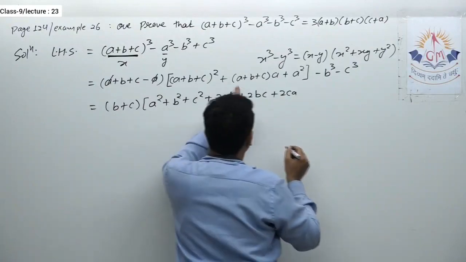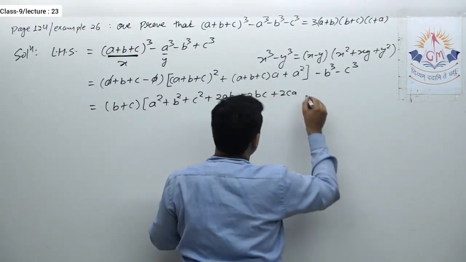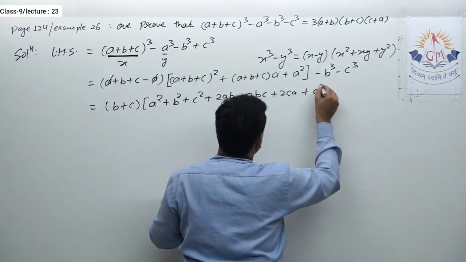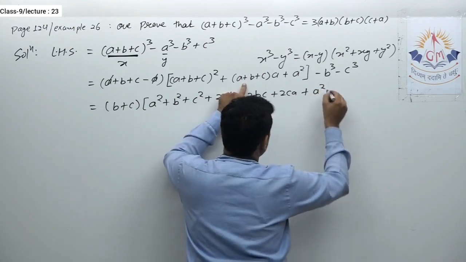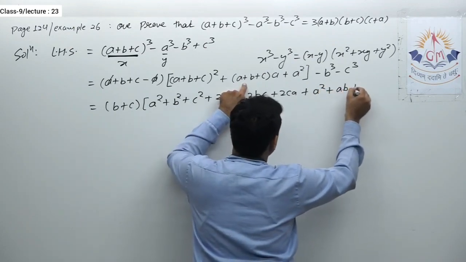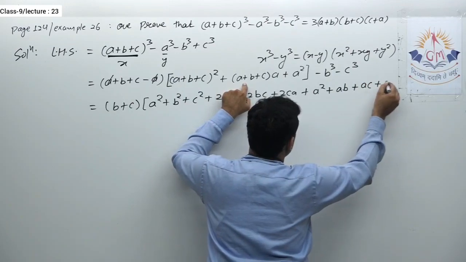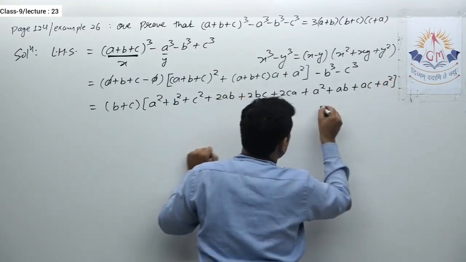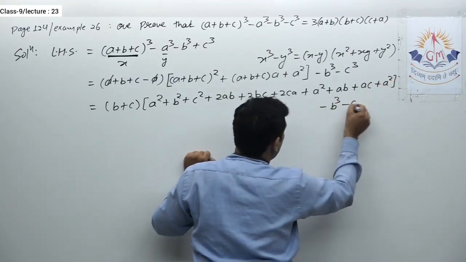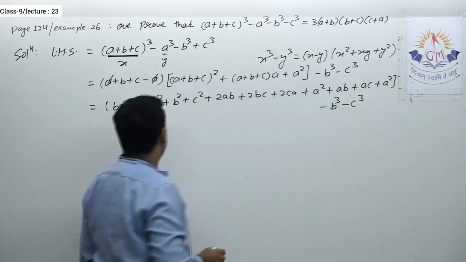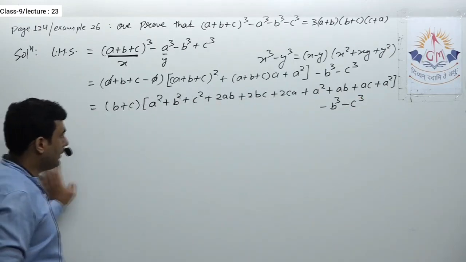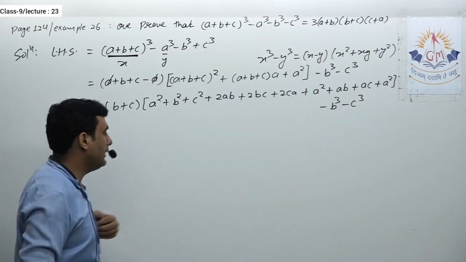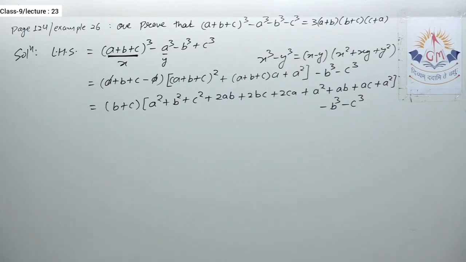Now over here if I multiply, what I will get? a square plus ab plus ac plus a square, minus b cube minus c cube. Now think over that, how you will proceed, then I will give you the remaining solution.